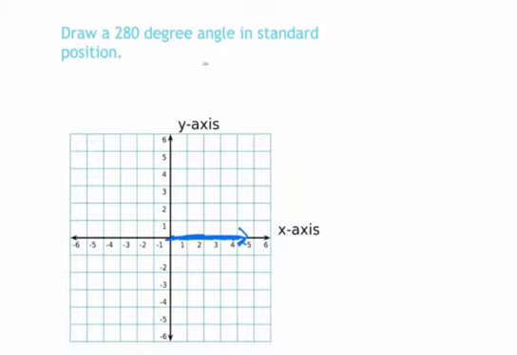I need to come another 10. One little thing you can do, you can show the rotation. You can label 280 degrees, okay, just like that. So this is my initial side, and this is my terminal side, and that's all we need to do for this type of question.